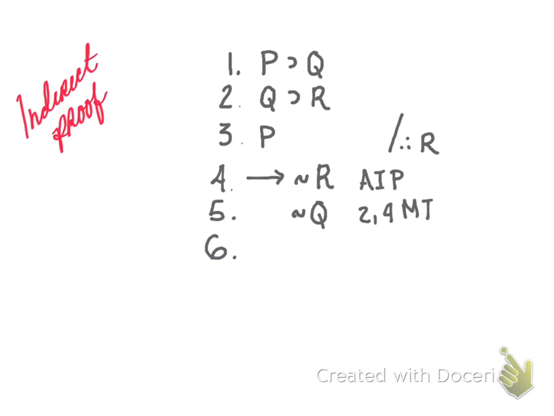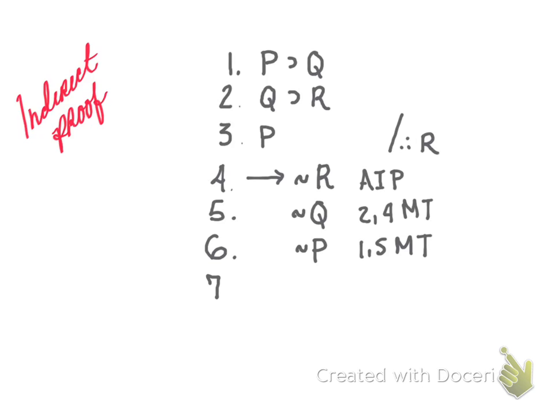So we can get not P by modus tollens. And look, we have P, but we've also managed to derive not P. That seems bad, if you can derive both P and not P from something.